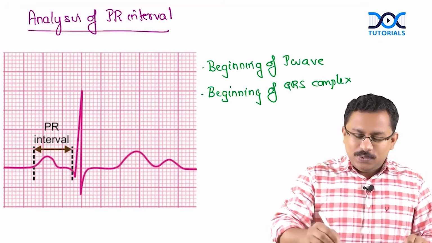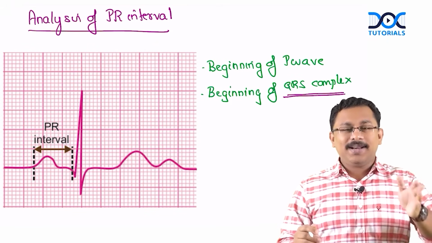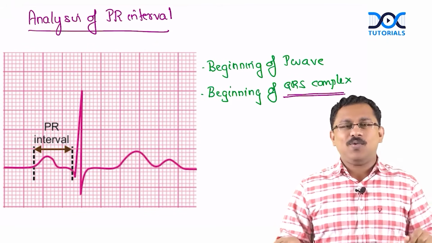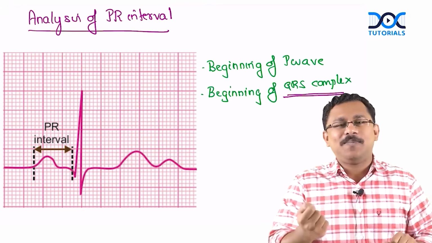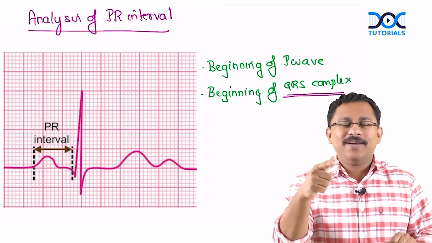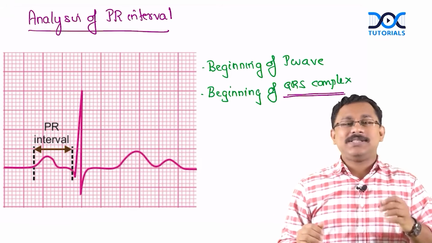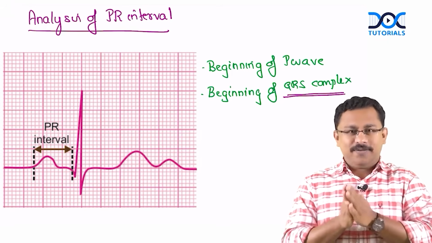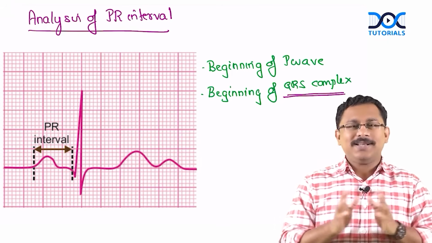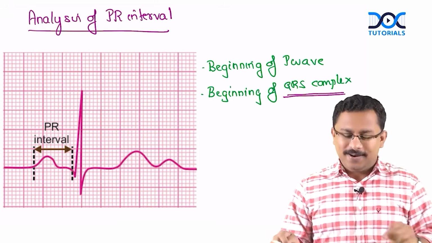This is independent of whether the QRS complex starts with a Q wave or an R wave. If the Q wave is not there, it actually means the beginning of the R wave.